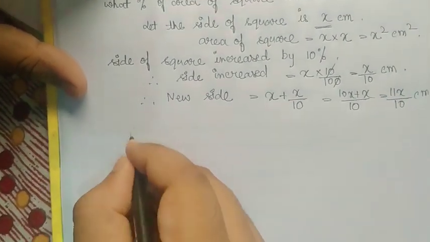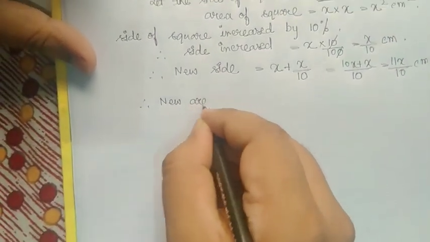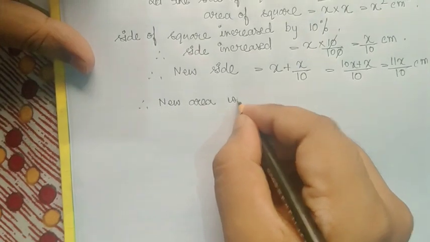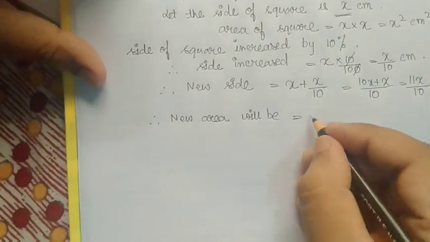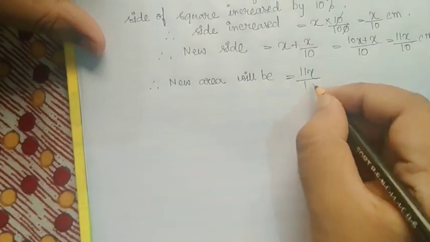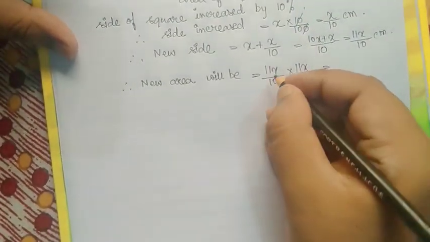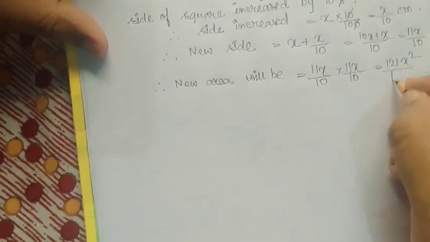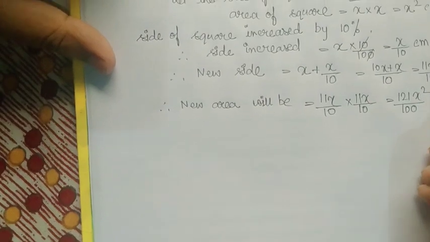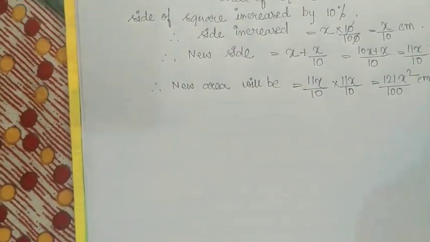So therefore the new area will be side into side, so 11x by 10 into 11x by 10 equal to 11 into 11, 121 x square, and 10 into 10, 100 centimeter square. So therefore the new area will be 121 x square by 100 centimeter square.